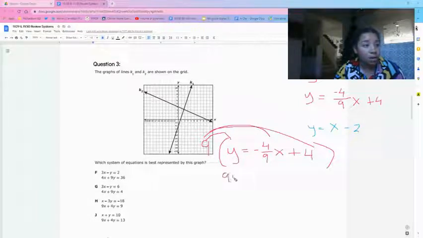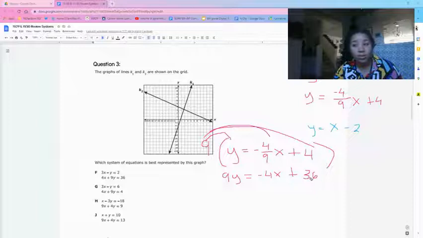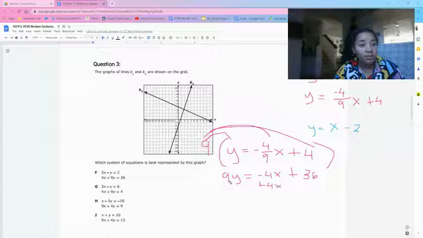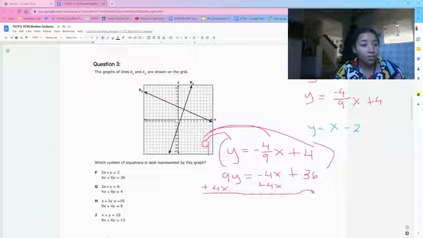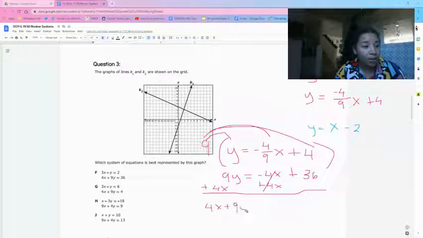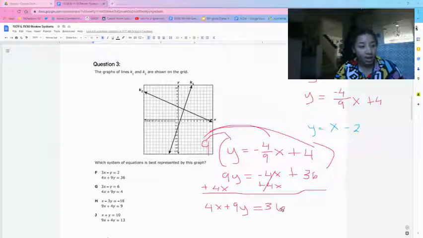This is going to turn to 9y equals negative 4x plus 36. Okay. And I'm just going to do this fast because I know my times tables. Then I'm going to add 4x to both sides. And I know that this equation is now going to be 4x plus 9y equals 36.